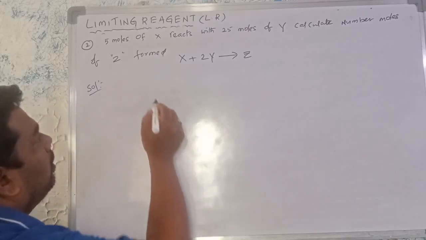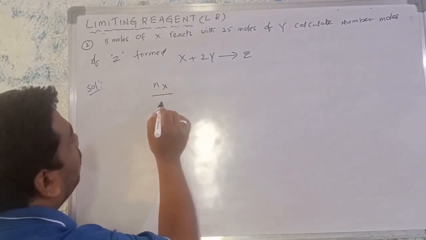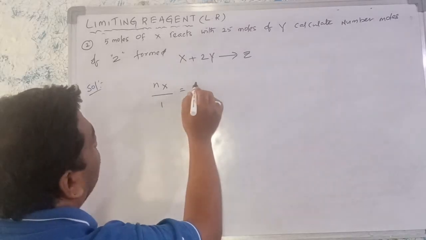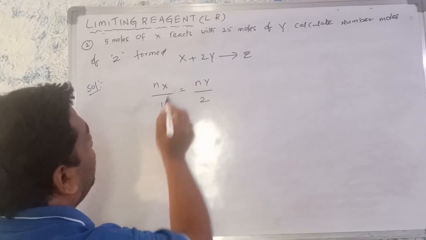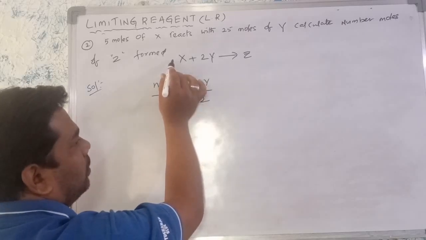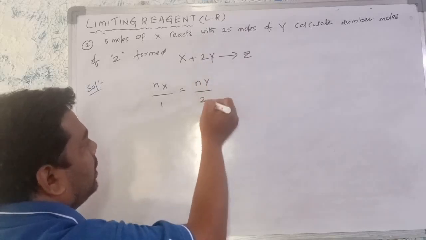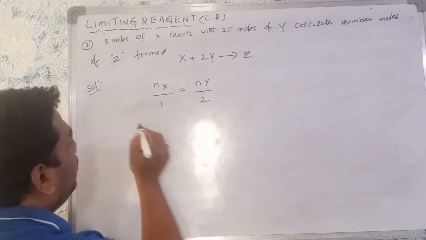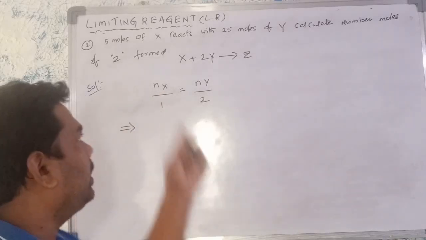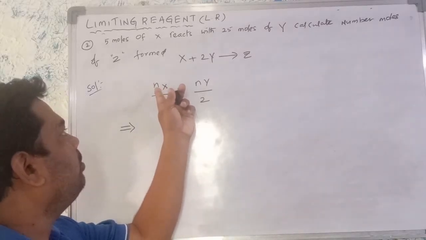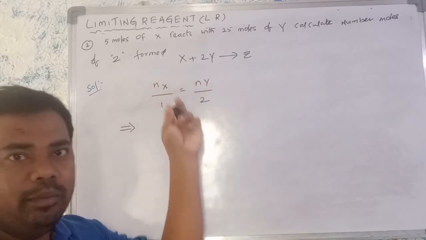So the number of moles of X divided by 1 is equal to the number of moles of Y divided by 2, where 2 is the stoichiometric coefficient of Y. Already we know the number of moles of X, so we will take the relation between these two reactants, and X is our limiting reagent.